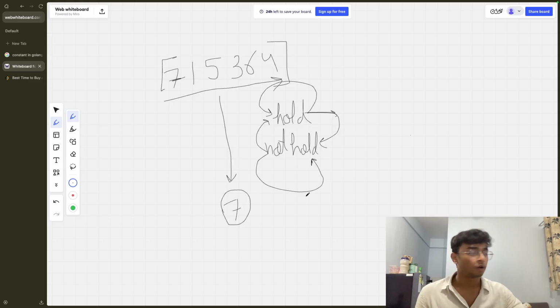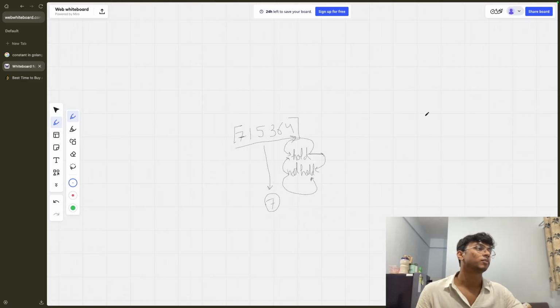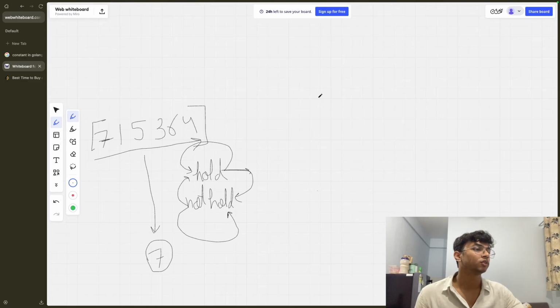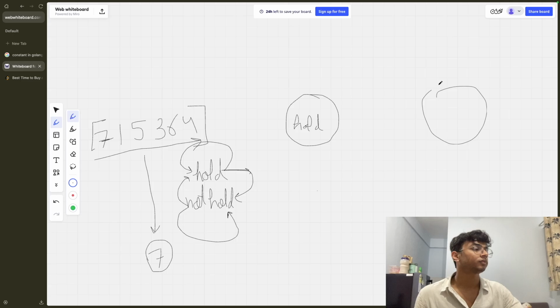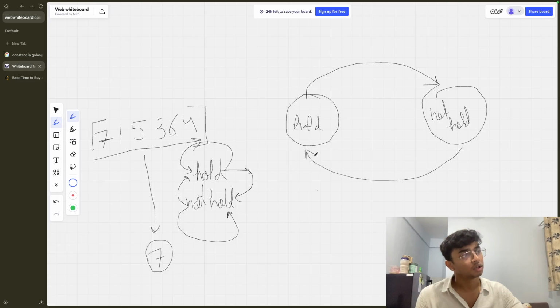So let's write them out nicely as a state representation. You have your two states, which are hold and not hold. If my writing is understandable, I hope. And you can either go from hold to not hold or from not hold to hold. So to go to hold from not hold, you will actually have to buy a stock.